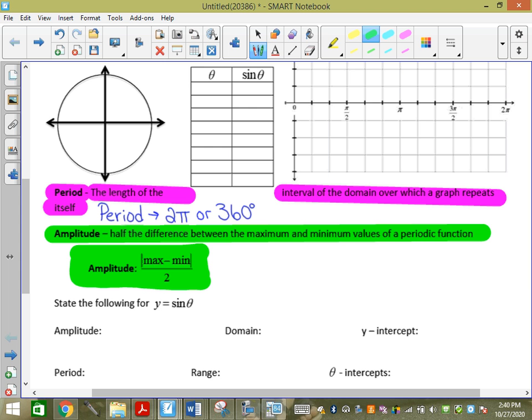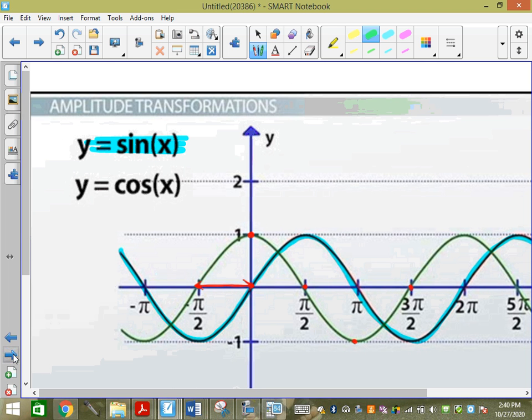So on a normal sine graph, if we go to the one we had before, what would my amplitude be? How far is it from my minimum to my maximum? It's 2, so my amplitude would be 1, because it's half the distance.